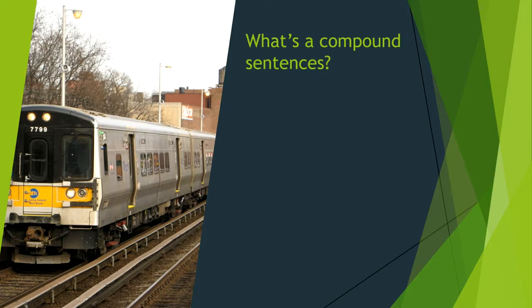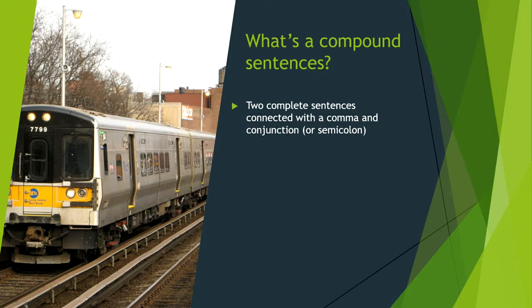A compound sentence is essentially two complete sentences that are joined together with a comma and a conjunction or a semicolon. So two complete sentences that could stand alone are now joined together. To do that properly, you need a comma and a conjunction, or in rare cases, a semicolon.